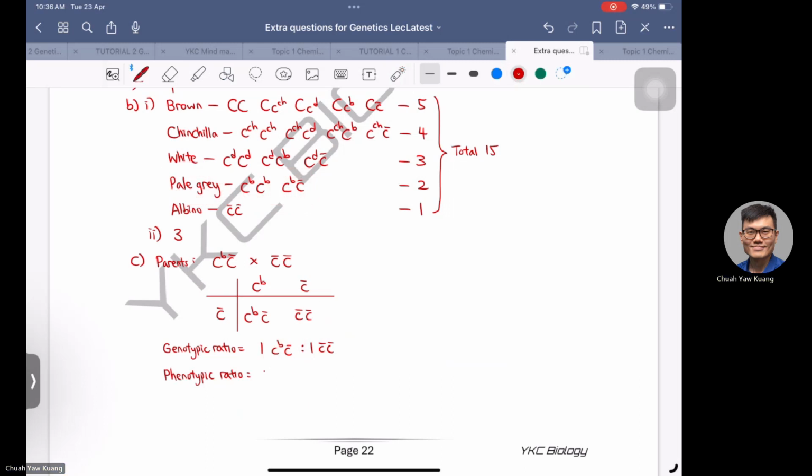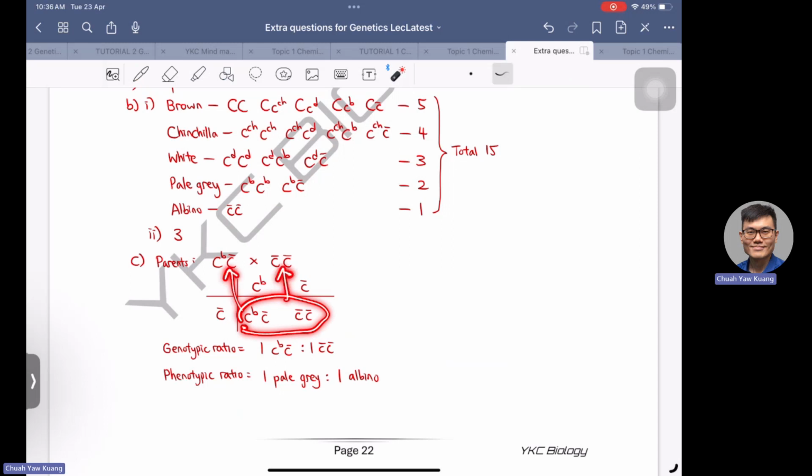So it is 1 pale gray to 1 albino. All right, so that means the offspring will have the same phenotype as their parents. So that is the phenotypic ratio, 1 pale gray to 1 albino. So that is the final answer.